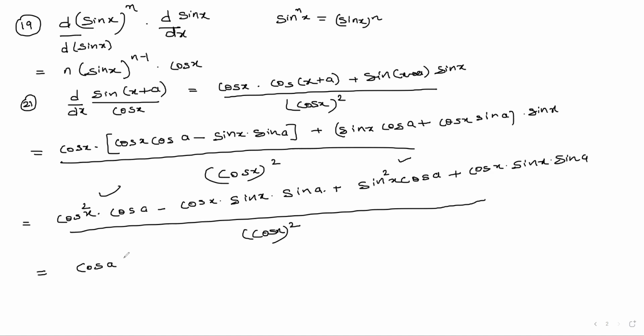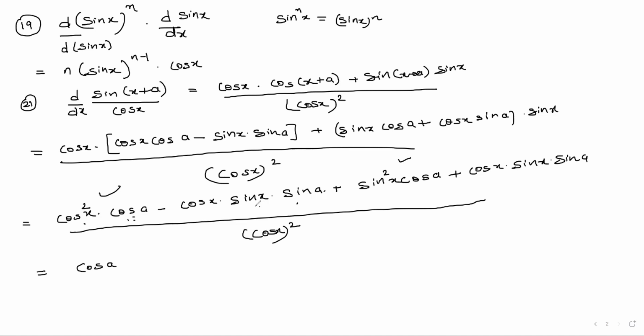Okay, Noma? Sir, how? From this one, if we take cos a common from this and this, how much remains in the bracket? Sir, sin square x plus cos square x. Yes sir. And what is sin square plus cos square? 1. Okay.